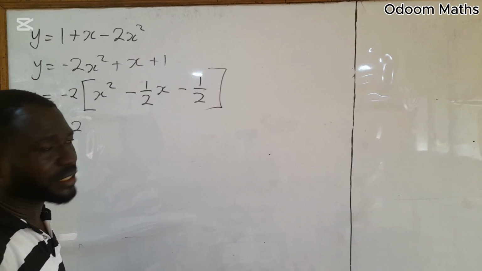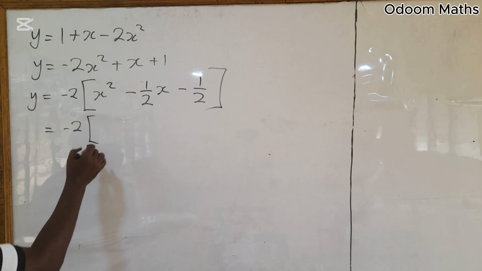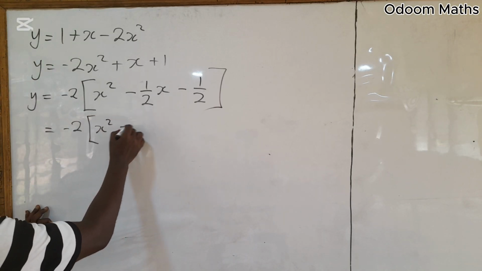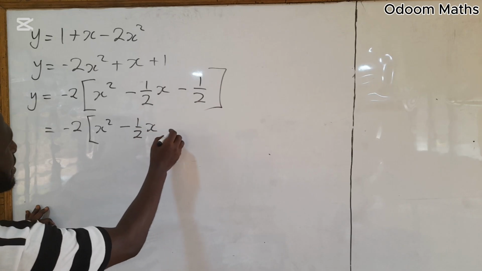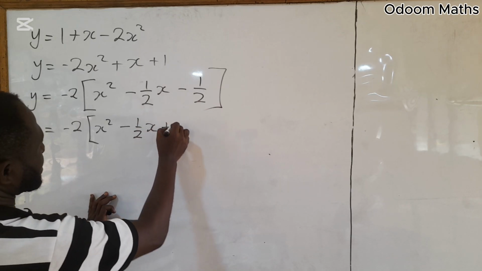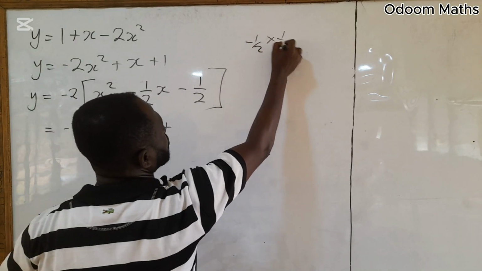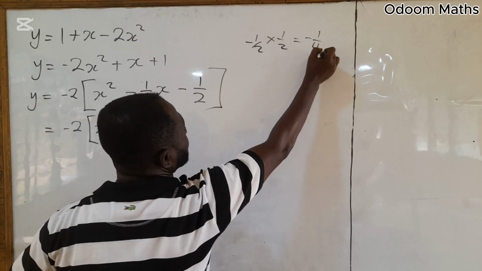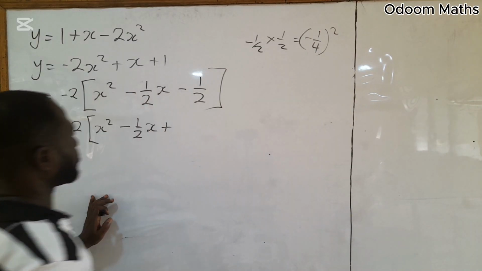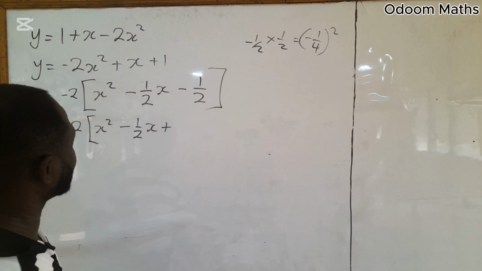That is after squaring. Okay, so -2 into brackets x squared minus 1 over 2 x, then plus, so that is -1 over 2 times 1 over 2 becomes -1 over 4. Then we square and add and subtract to the expression in the brackets.